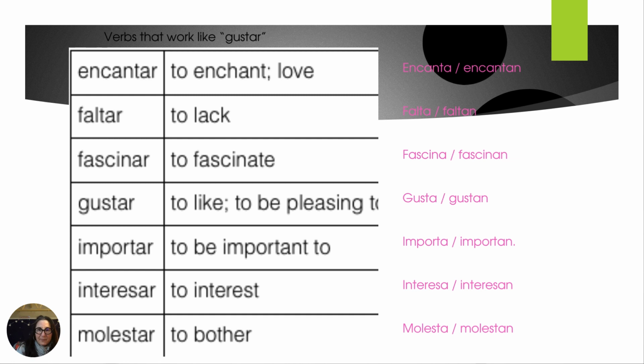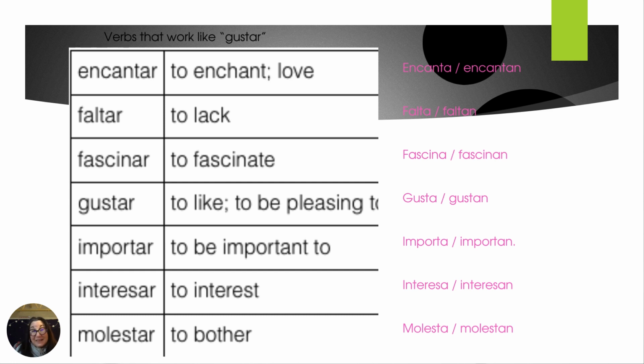Okay, now there are other verbs in Spanish that work like the verb gustar. There aren't many of them, but there are some. For example, I put up a chart here, encantar. You've learned that. I think that we've used that in module 1.